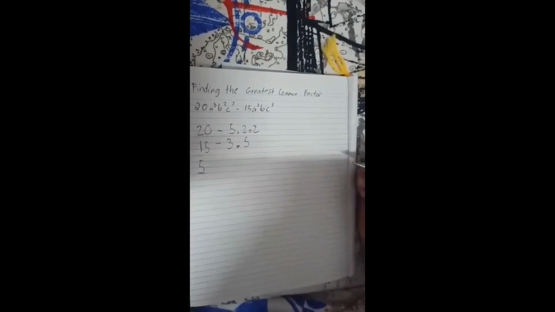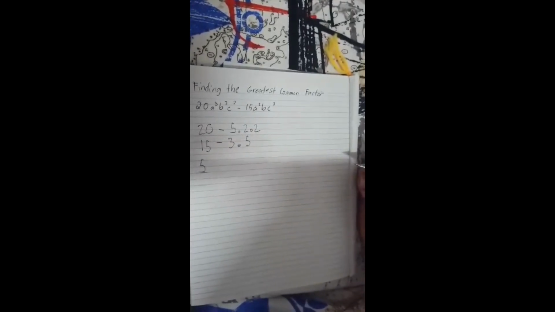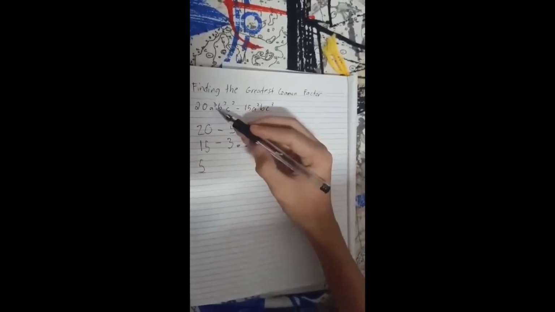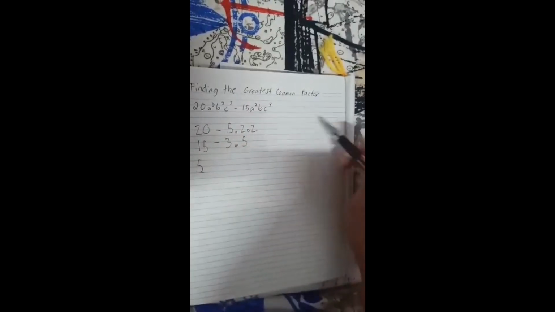And now, we will get the variables. a cubed and a squared.